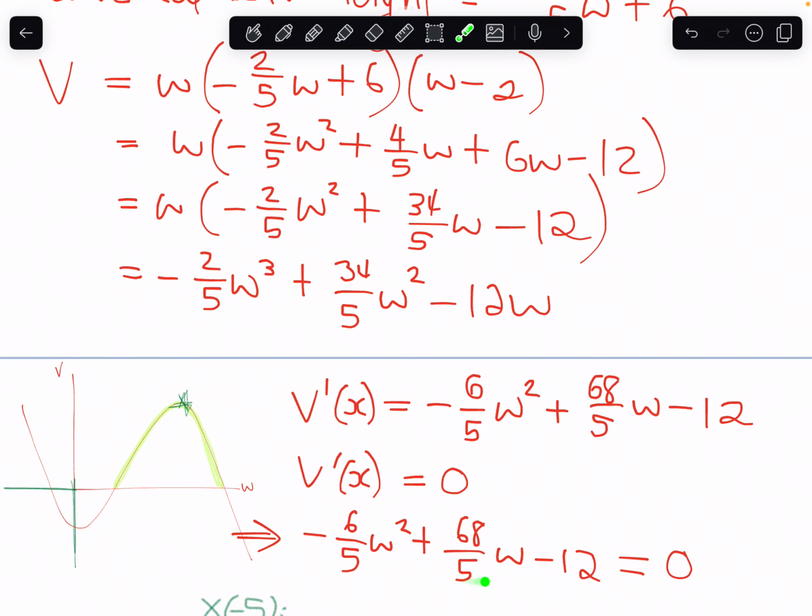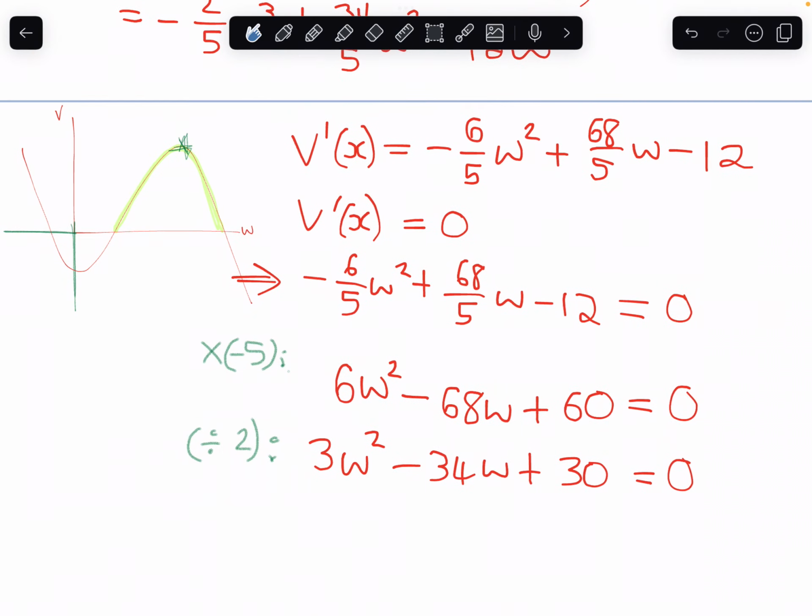And then looking for where this will be equal to 0, I times throughout by negative 5. So then I ended up with positive 6, negative 68, and positive 60. Yes. And then divide by 2: 3, minus 34, 30.